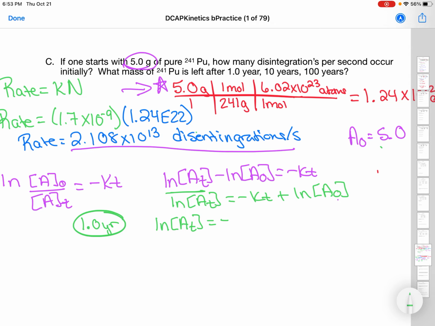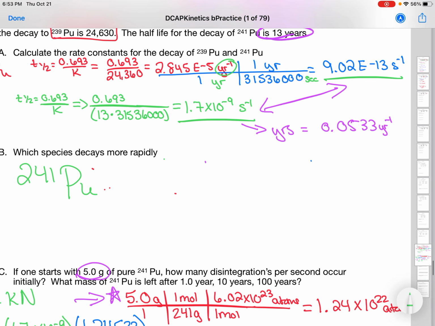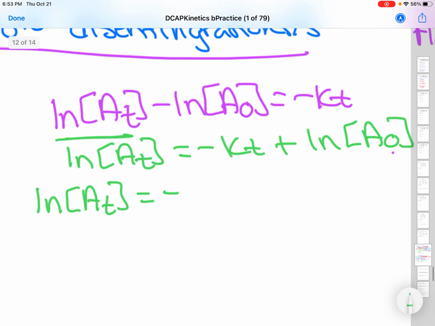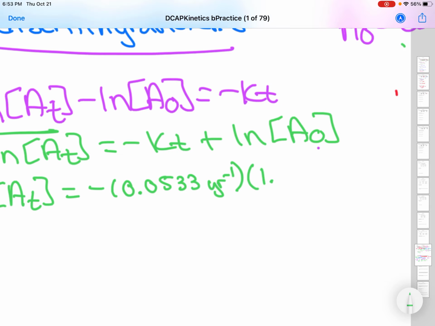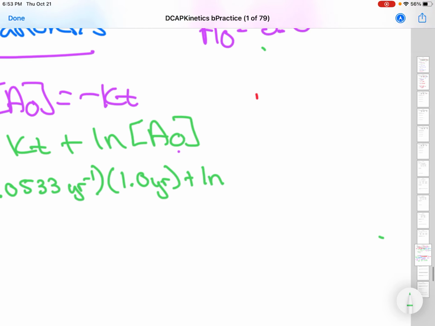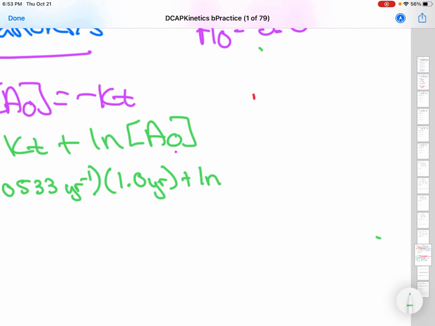Well, this is where we need that. So this is where I mentioned I converted it back, and I'm using this number here. So we get 0.0533 year negative 1. My time is 1 year, plus natural log. And our A naught is going to be the 5.0, because that was our initial.